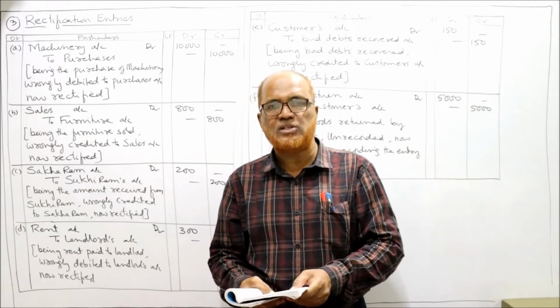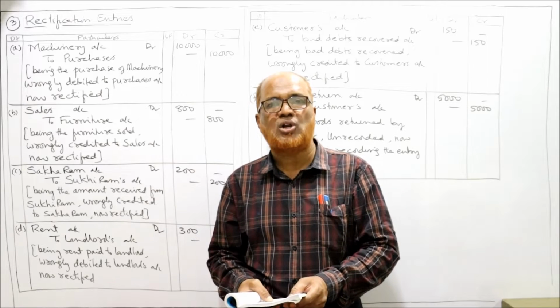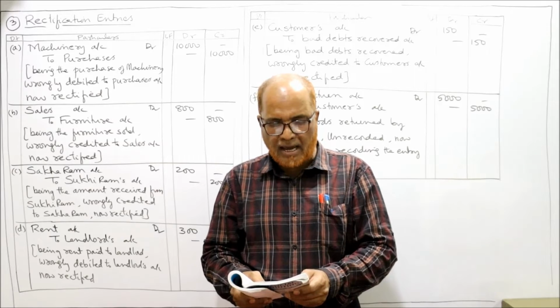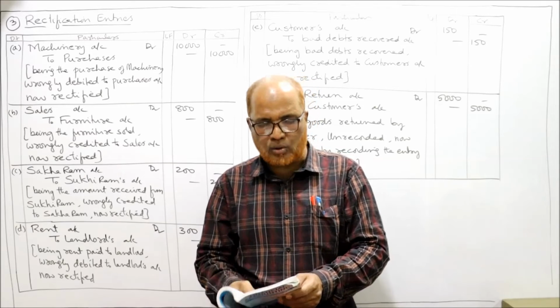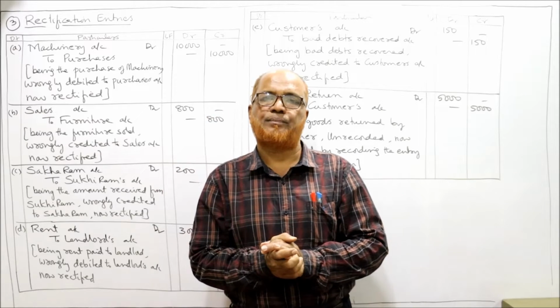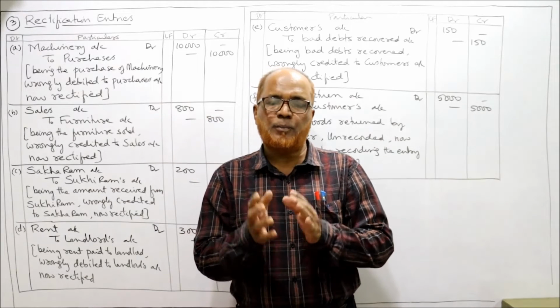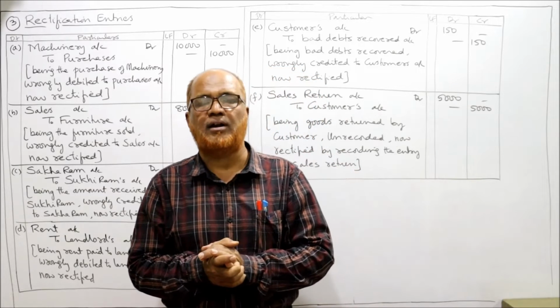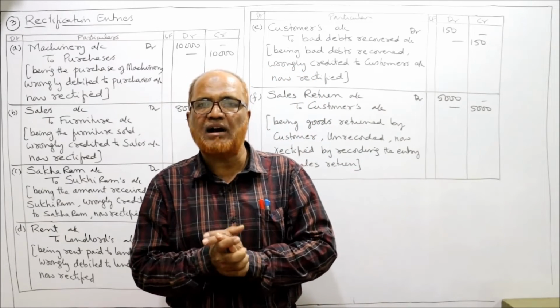An amount of rupees 150 previously written off as bad debts was recovered and credited to the personal account of the customer. Rupees 150 received as bad debts recovered.